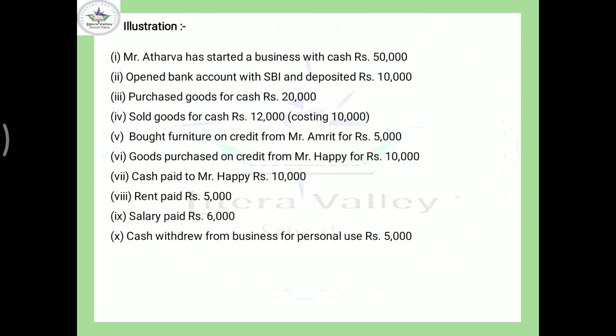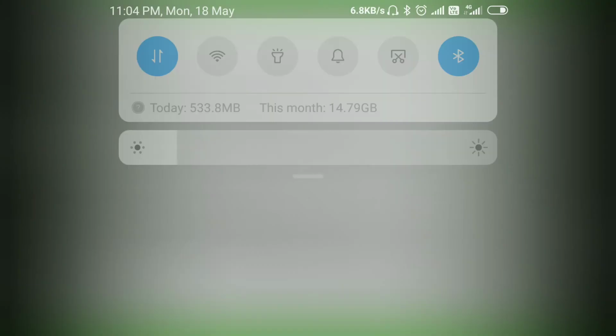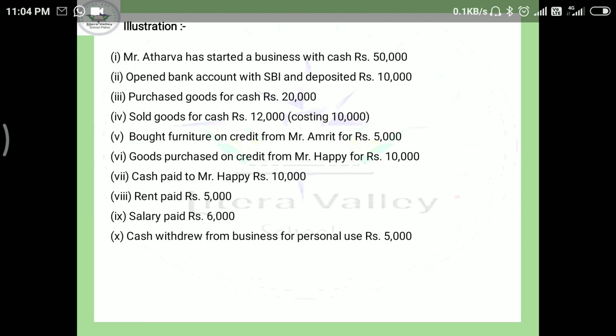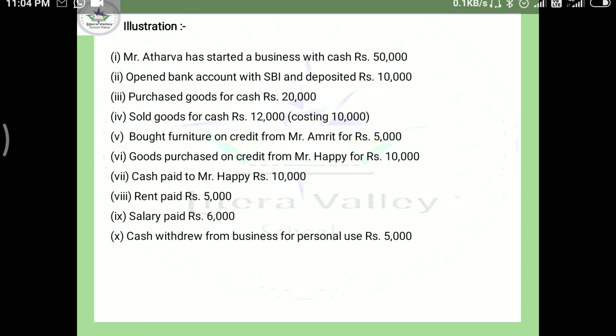Salary has been paid through cheque, and what will be the impact? Capital will reduce and the balance of bank will also reduce.